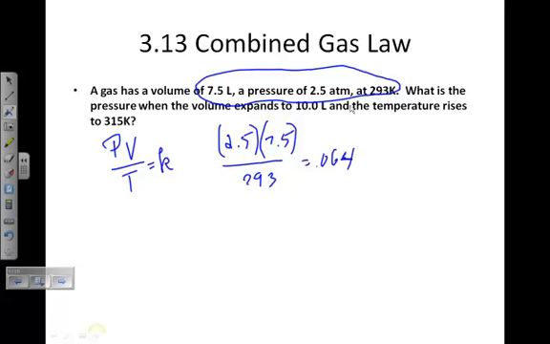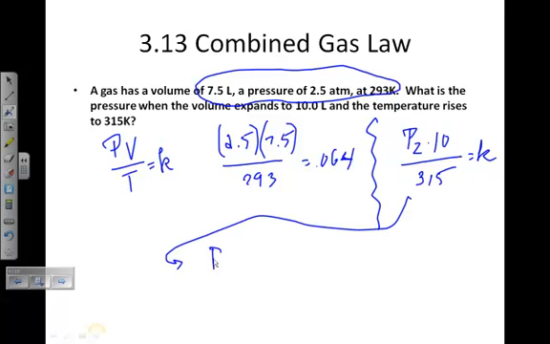Then, with the new conditions, they want to know the new pressure, P2, when the volume is 10 and the temperature rises to 315. So then we can set that equal to K, which is 0.064. So, P2 times 10 over 315 is now equal to 0.064.